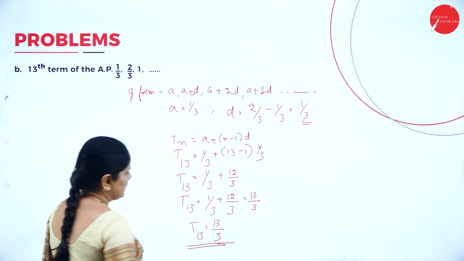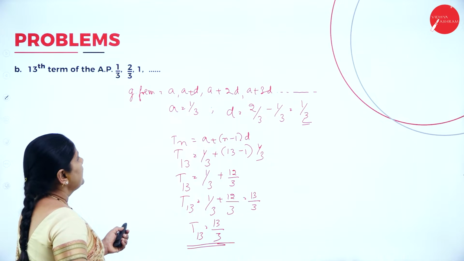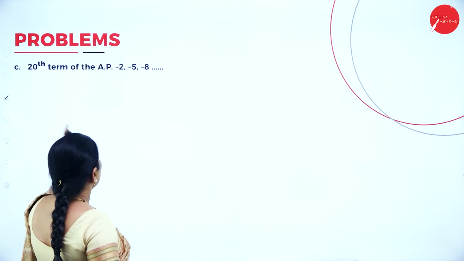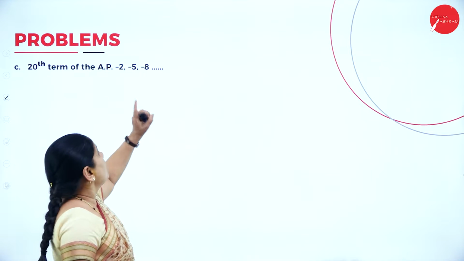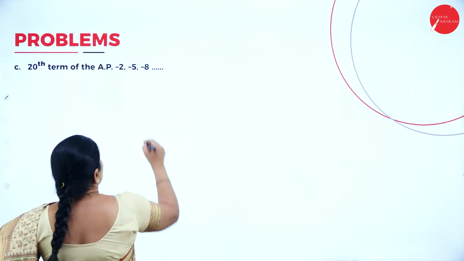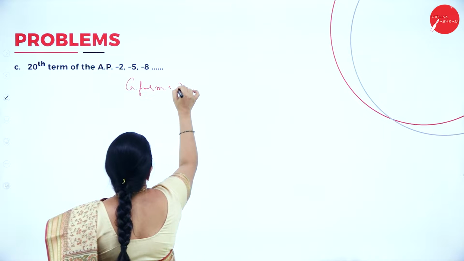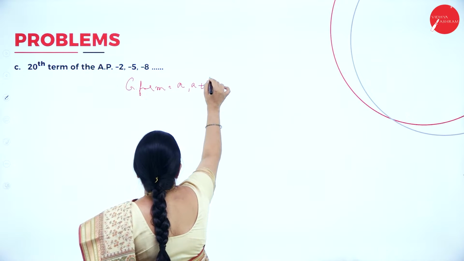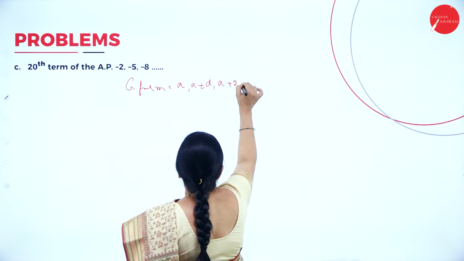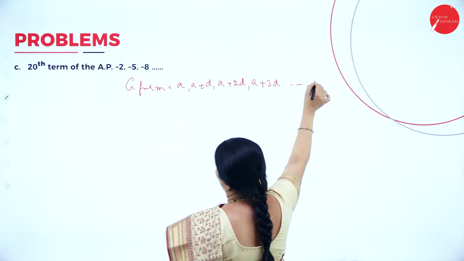So, the 13th term of the series is 13 by 3. Now, the next one: find the 20th term of the AP minus 2, minus 5, minus 8. Now, I'll write the general form: A, A plus D, A plus 2D, A plus 3D and so on.